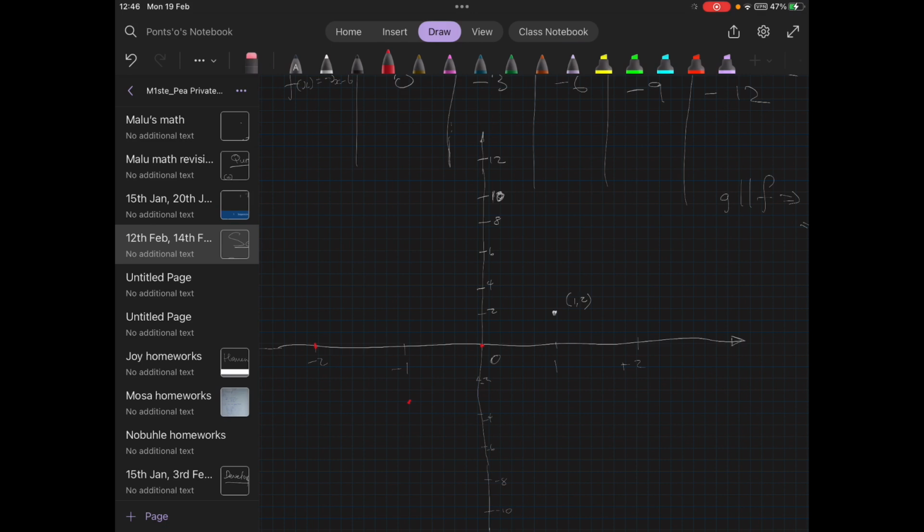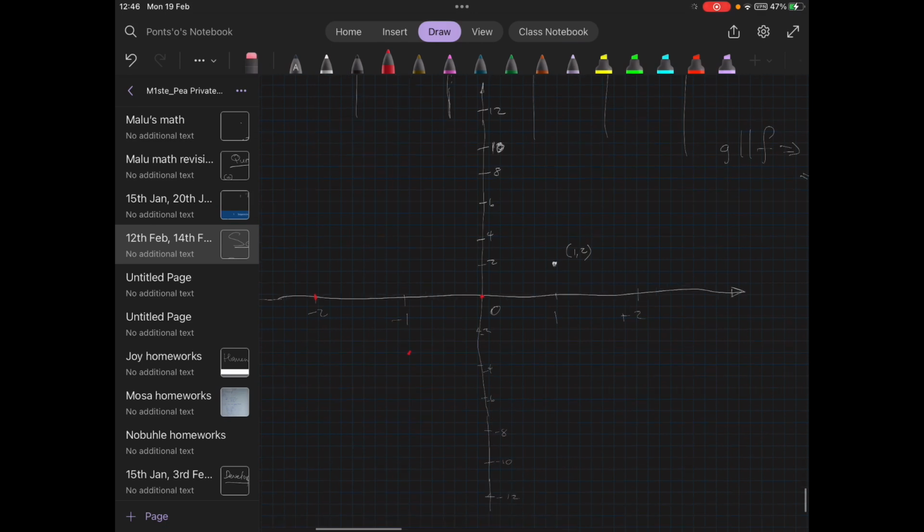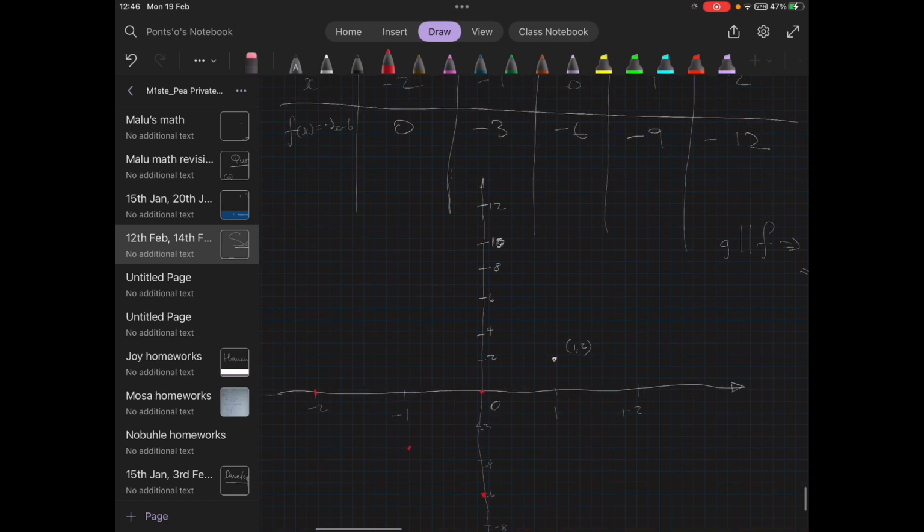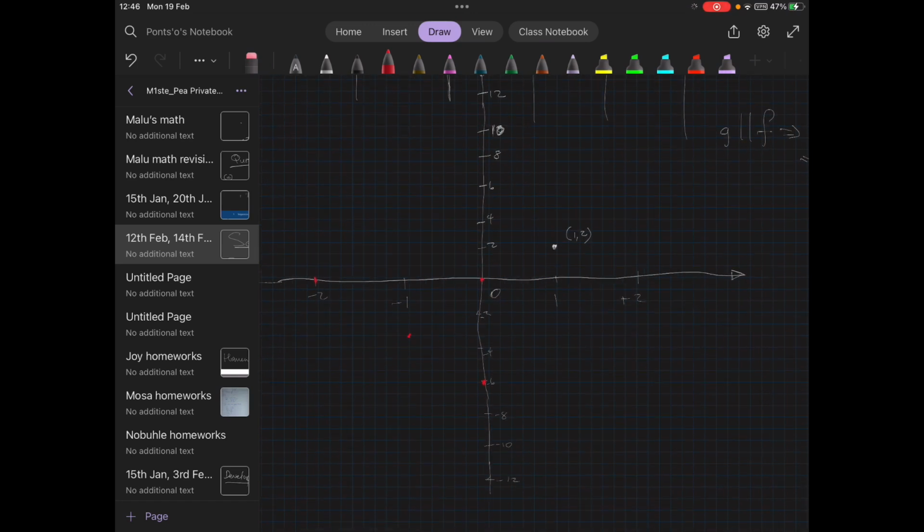That plots somewhere there. F of 0 is negative 6. F of 1 is negative 9. And f of 2 is negative 12. All right.